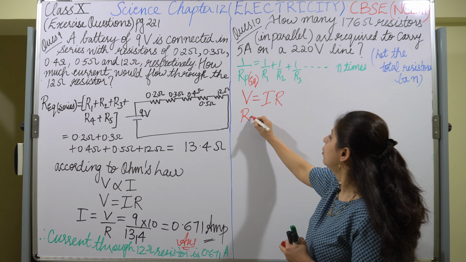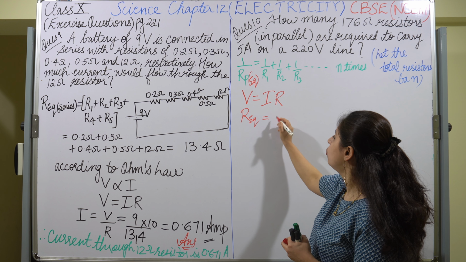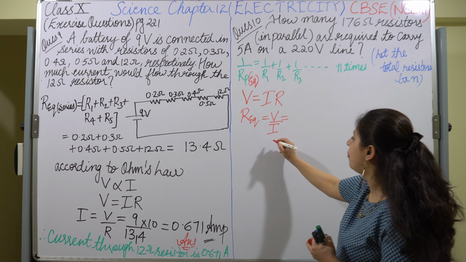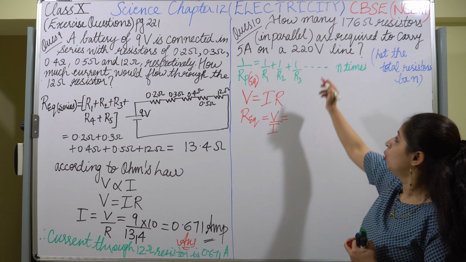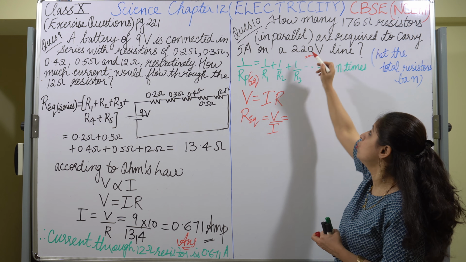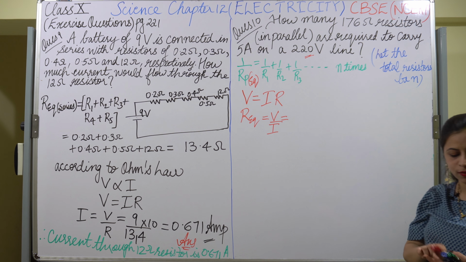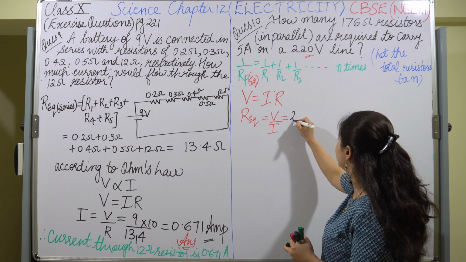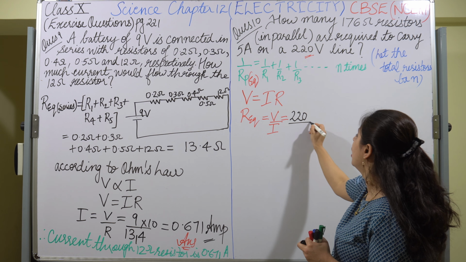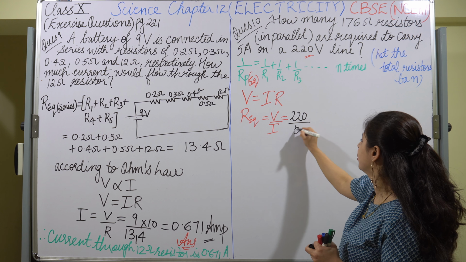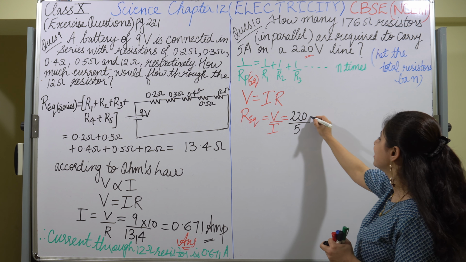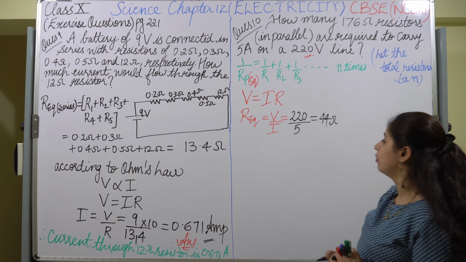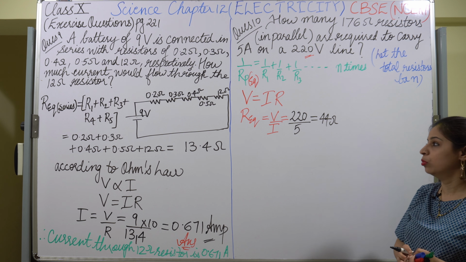So R equivalent will be equal to V/I. V is given to us as 220 volts and the current value is 5 amperes. On cancelling, we will be getting 44 ohm.